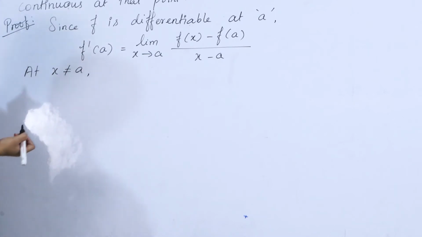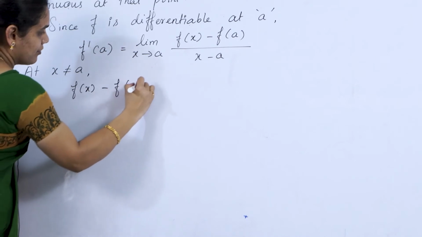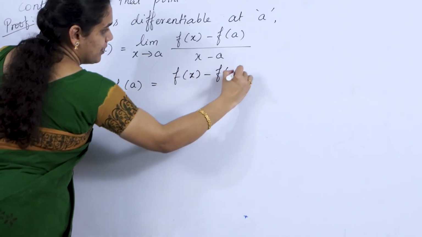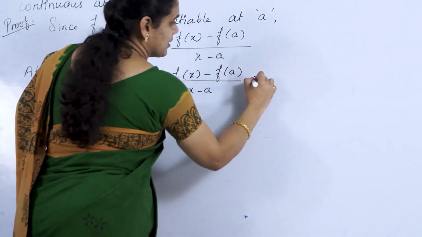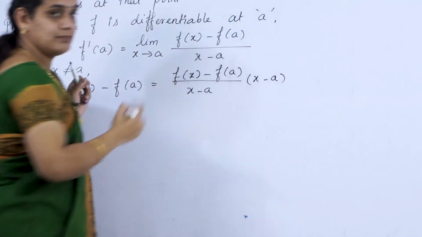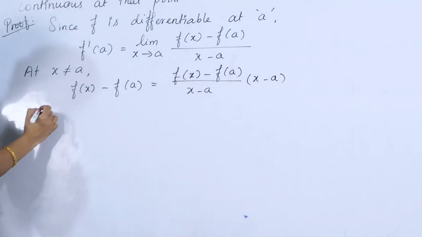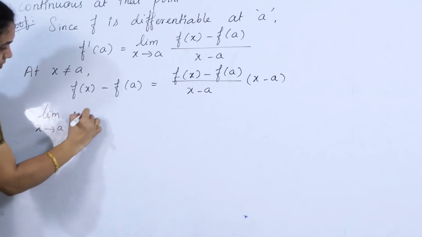At x not equal to a, what do we have? f(x) minus f(a) we can write as (f(x) minus f(a)) by (x minus a), multiplied into (x minus a). I multiply and divide by x minus a here. It can be written like this at x not equal to a, isn't it? Now let us take the limit x tends to a on both sides.